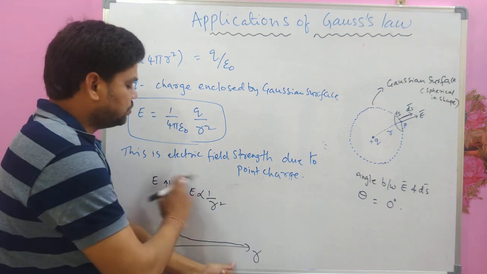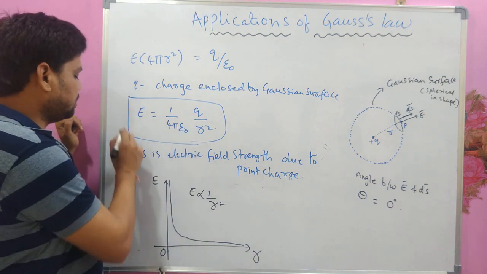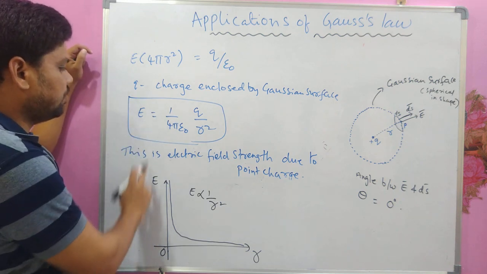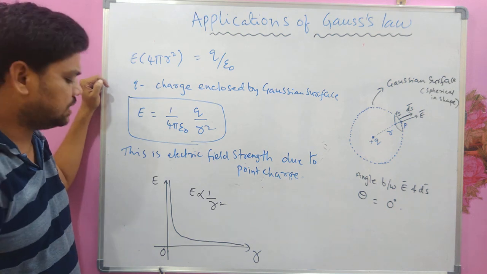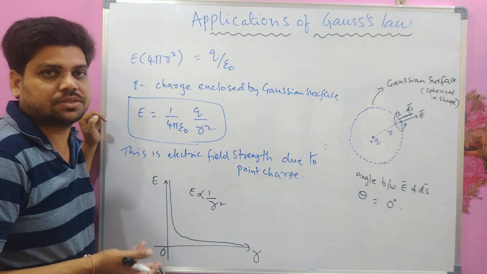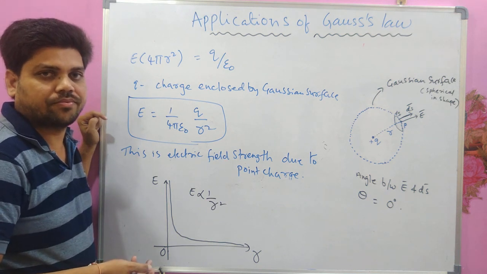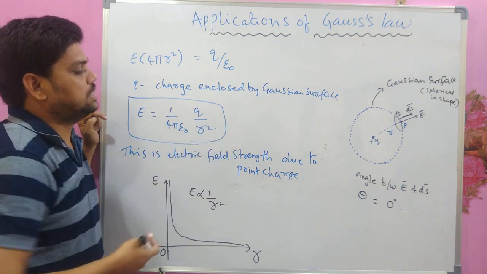For larger values of r, E is smaller. So this is the graphical representation of this equation. Examinations ask you these kinds of questions also using graphs. Electric field due to a point charge.